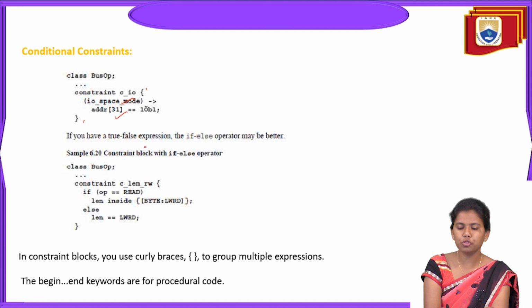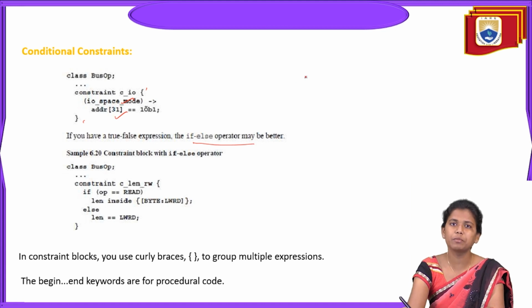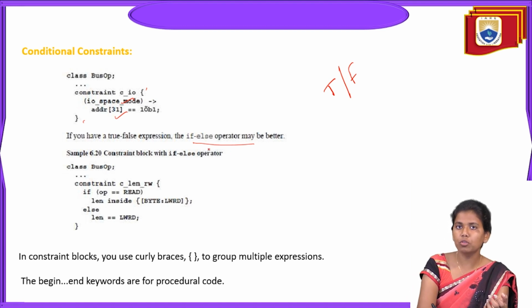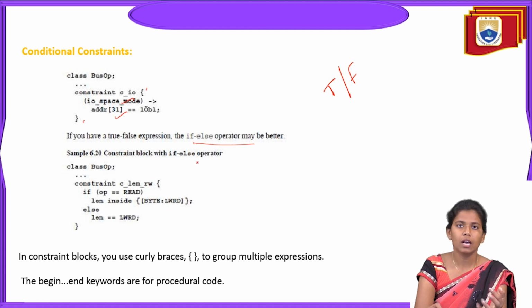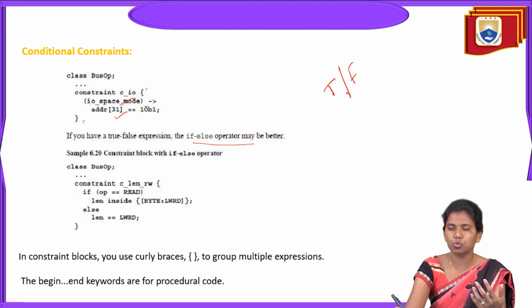And then if you have a true-false expression, the if else operator may be better. Sometimes from the code we can know whether the given expression is true or false. With the help of the if else conditional constraint, we can more easily know which one is true or false.